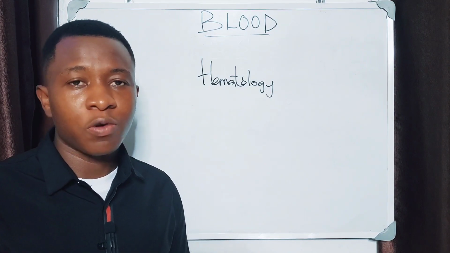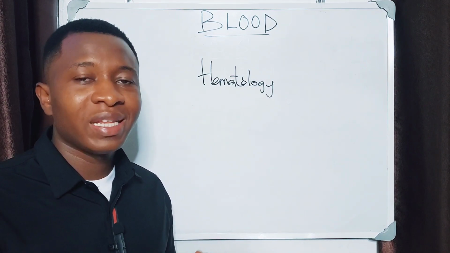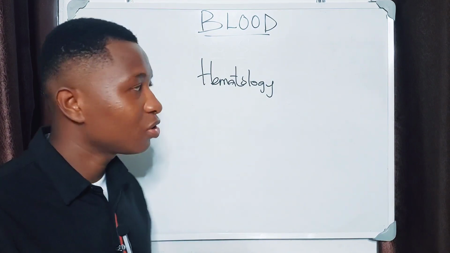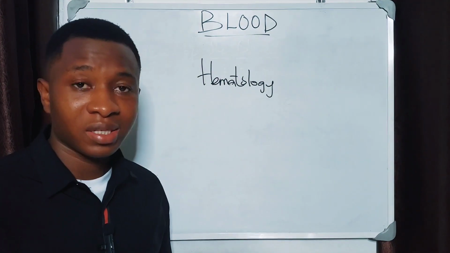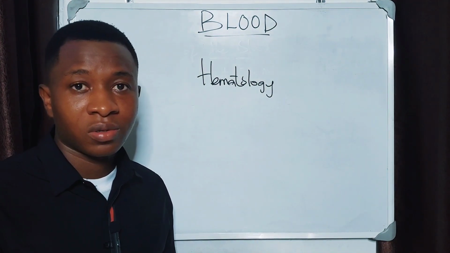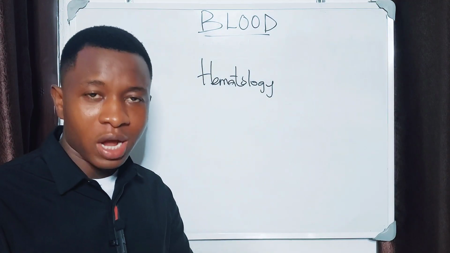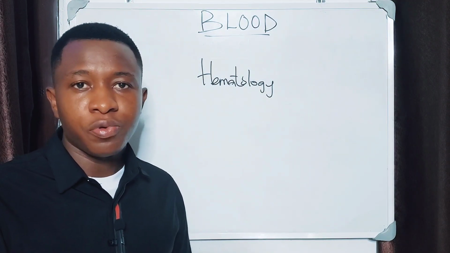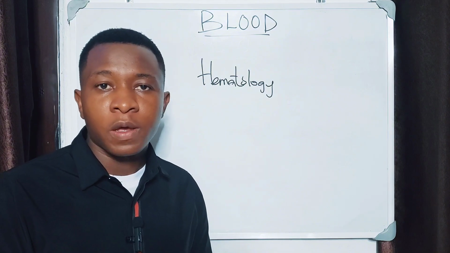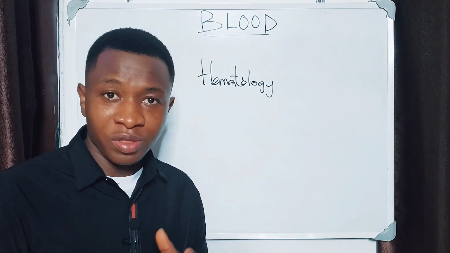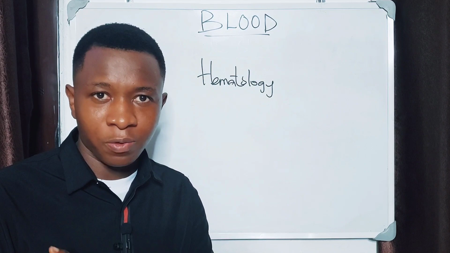It is the blood that will be used to test for the presence of either a parasite or a virus, or to know the state of the organs in your body. For example, if you have a problem with your liver, the blood is collected, and with the blood you can tell if there is a problem with your liver.